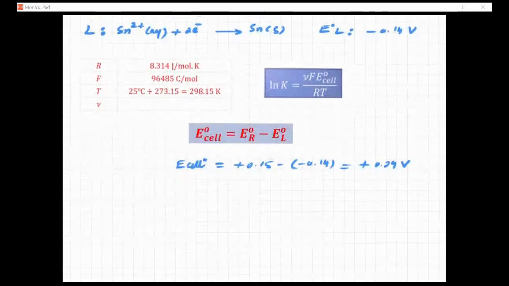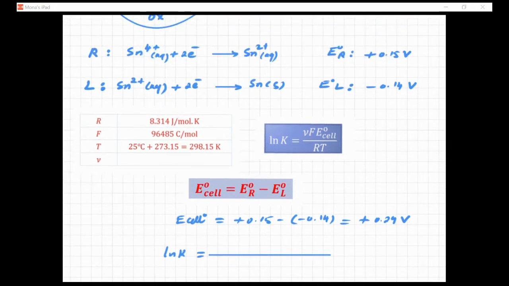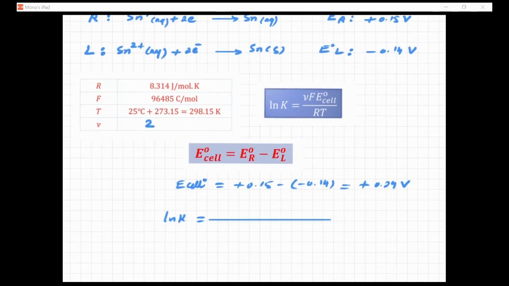Now ln K is equal to what? We are going to substitute. According to the reduction half reactions here, nu is equal to 2. So the value of nu is equal to 2.